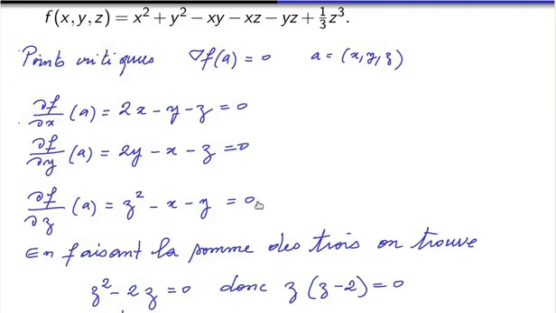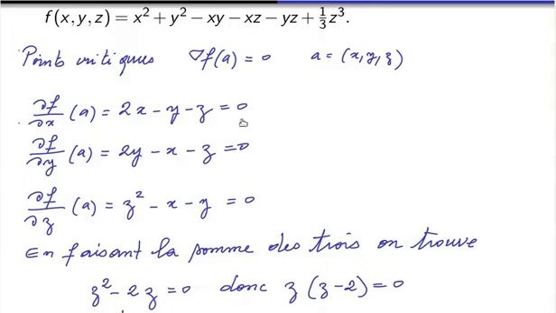The other terms have a 0 derivative since they do not depend on y. The partial derivative with respect to z has minus x minus y plus 3 over 3 z², or plus z². So it gives z² minus x minus y equals 0.